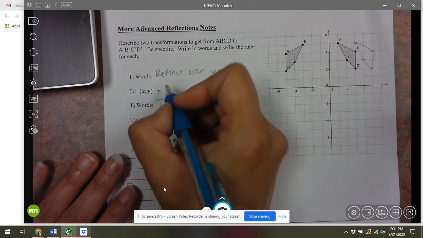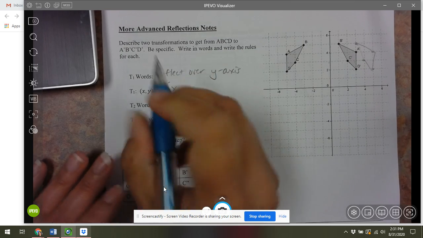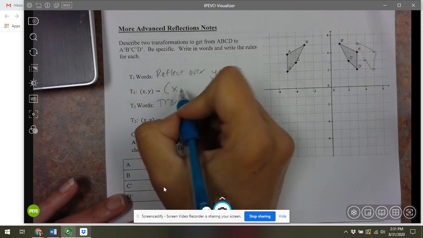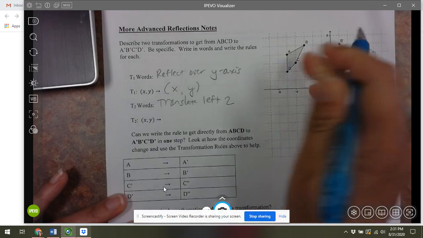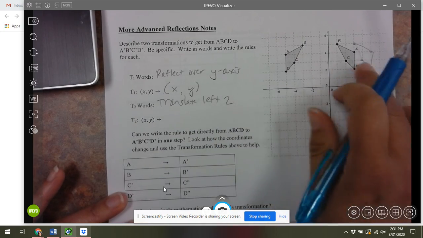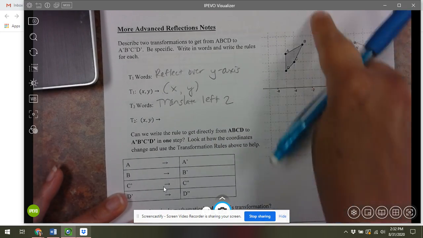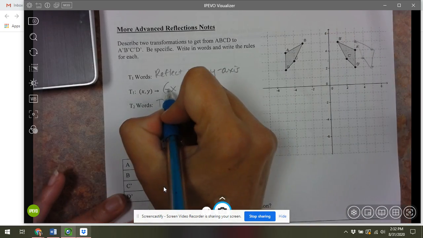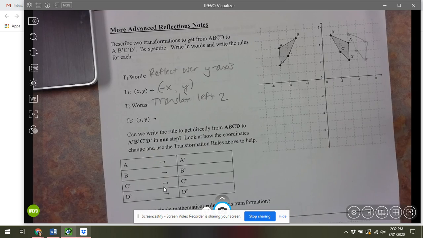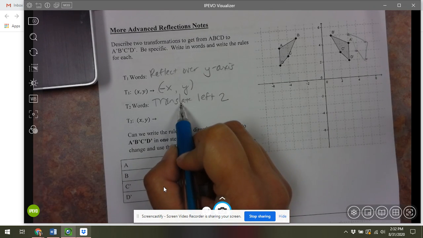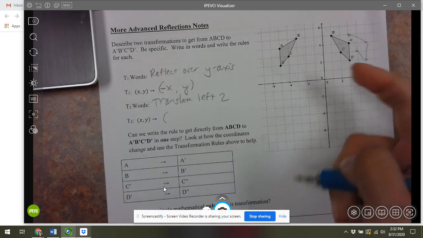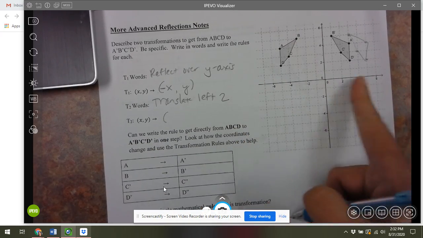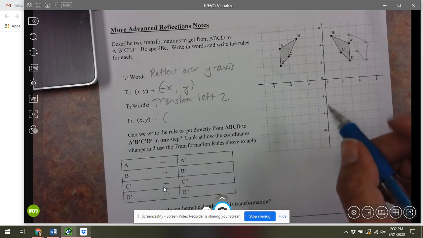Now we're going to write a rule. Perhaps you remember the rule for reflecting over the y-axis, the x's change sign. The y coordinates don't go up and down, only the x coordinate side to side changes. So my rule for reflecting over the y-axis is negative x. How do you do a rule for translate left? Left and right goes with the x-axis.